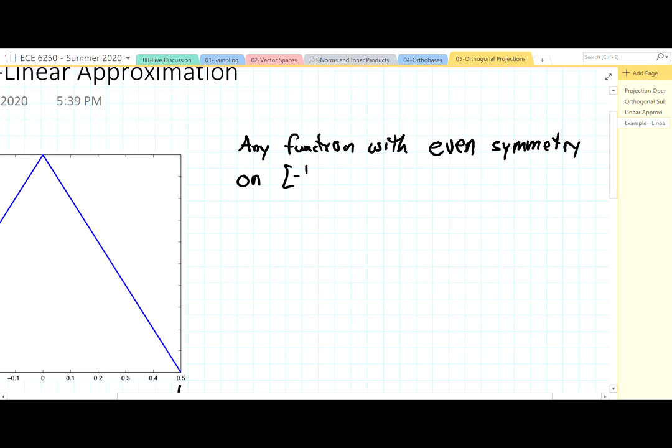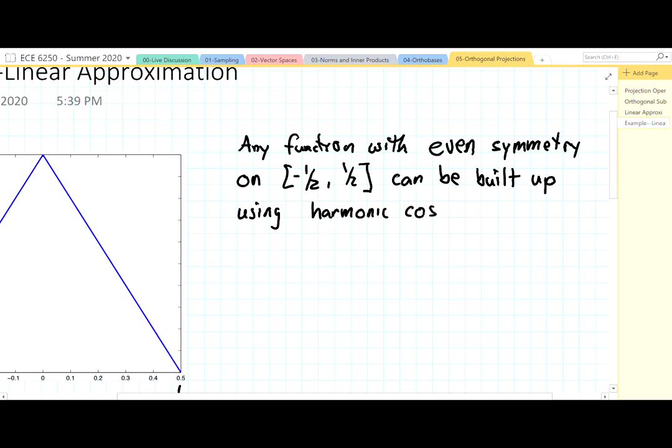on minus 1/2 to 1/2 can be approximated or built up. We'll deal with the approximation in just a moment using harmonic cosines.